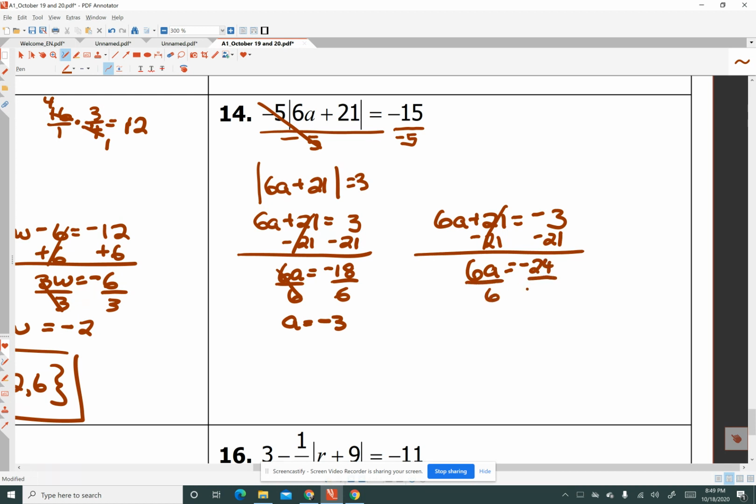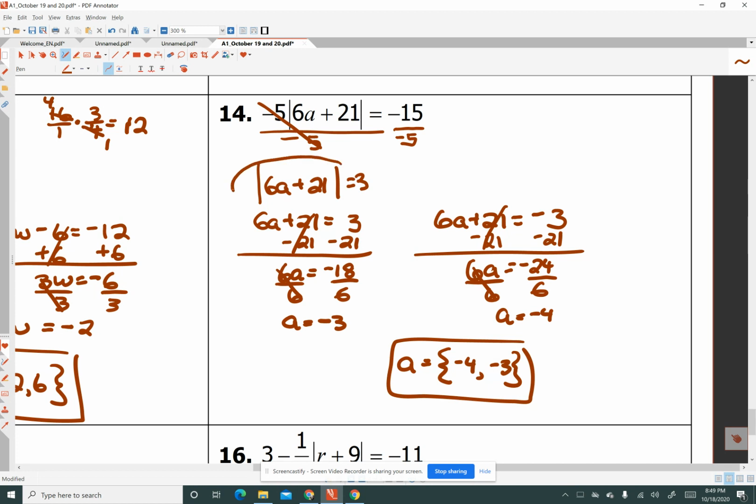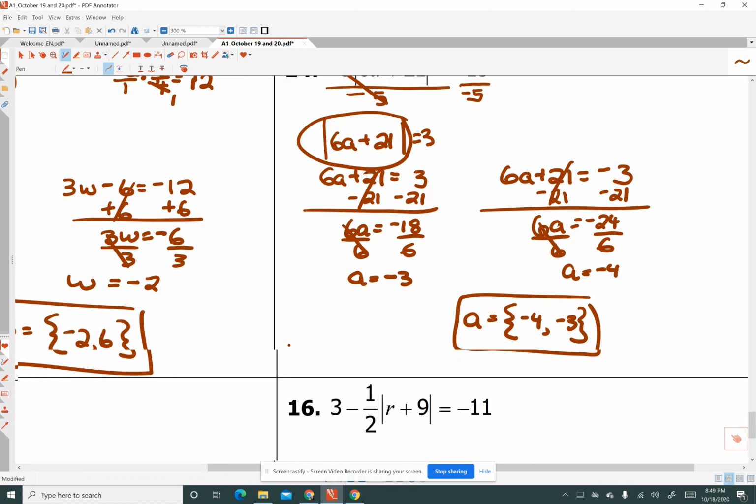We'll divide both sides by 6. A equals negative 4. So our solution set is negative 4, negative 3. We can have two negative numbers. That's okay. As long as absolute value, once isolated, is not negative, we're fine.